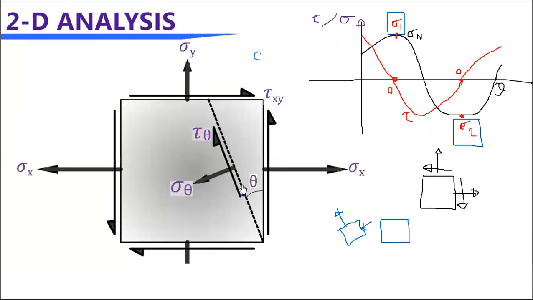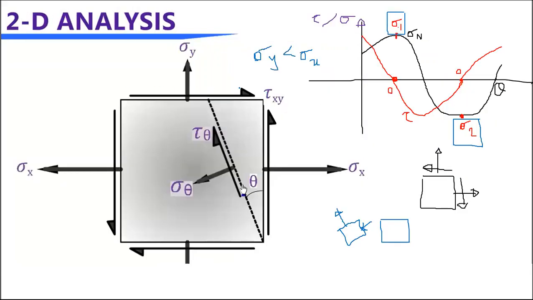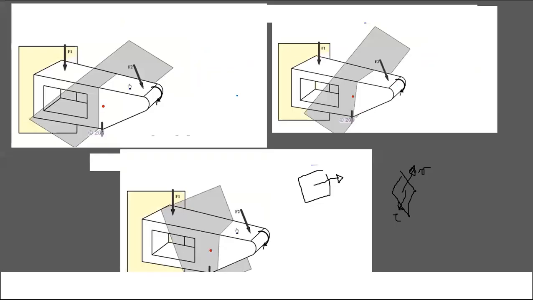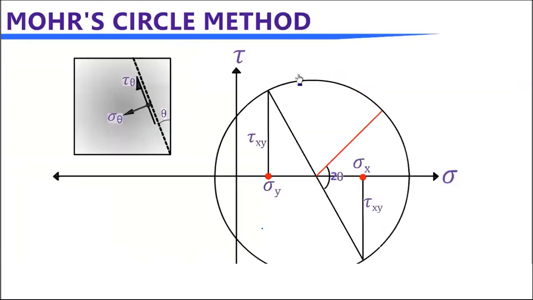Let's assume sigma y is less than sigma x, okay? If it is larger than sigma x, it will probably be here, okay? So sigma y is now here, and on sigma y you have clockwise shear, right? So your point is like this, okay? So you can construct the Mohr circle.